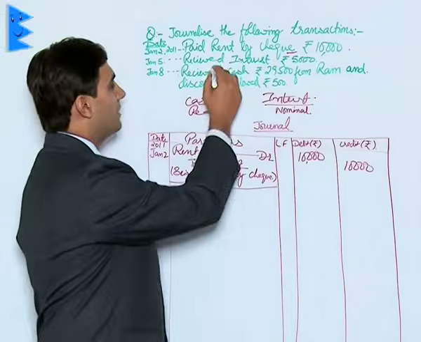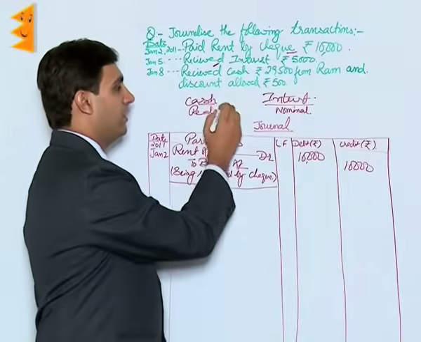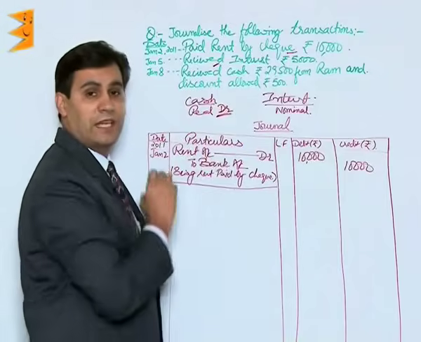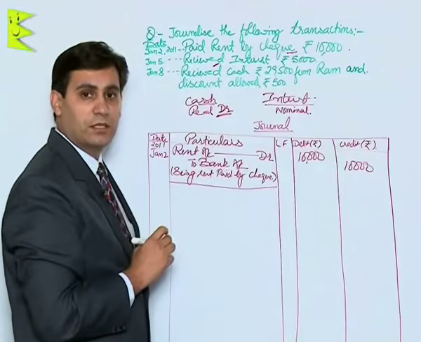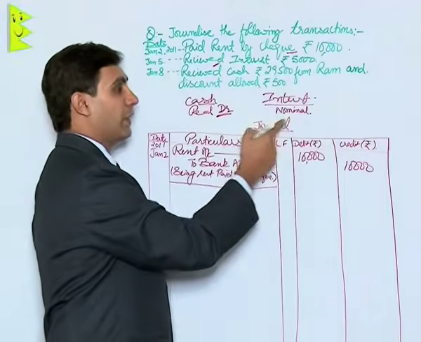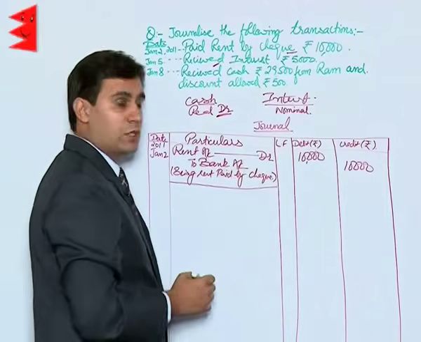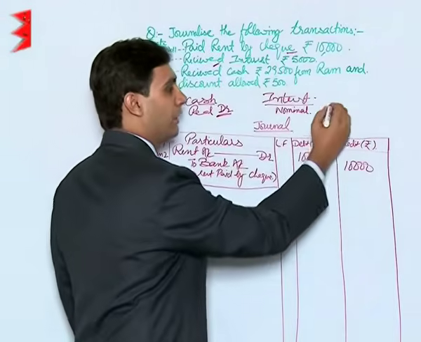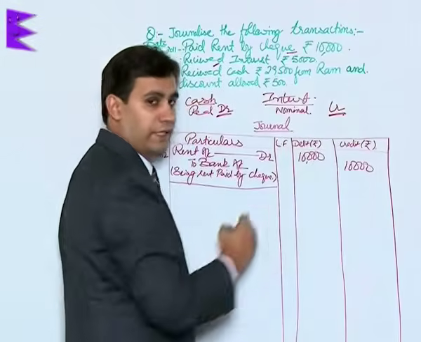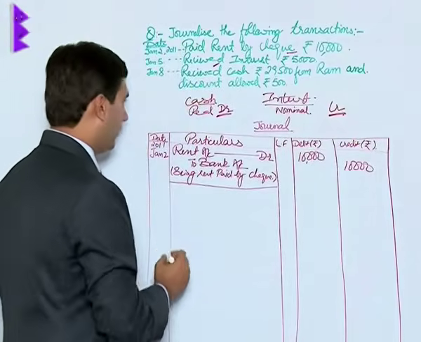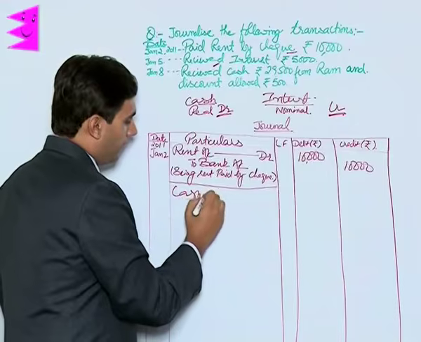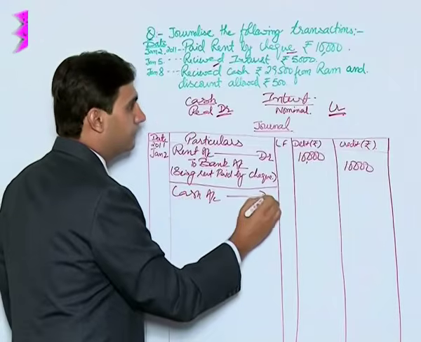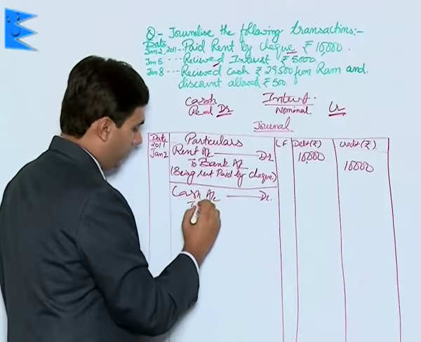So here we have received. Since we have received, the rules will say debit what comes in. So cash should be debited, and interest is an income. So by applying the rules for nominal account, credit all incomes and gains. So the entry would now appear as cash account debited to interest.